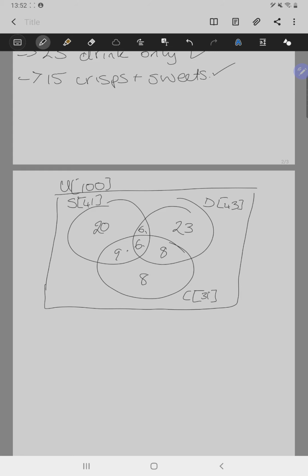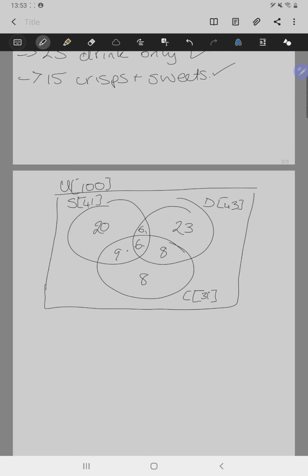And the important part is when you have everything in your sets filled in, add up all the numbers within the sets, and if it's lower than your universal set, then that means there are some people who didn't buy any. So if you add up 20, 6, 6, 9, 23, 8, and 8, that brings you to 80 people.